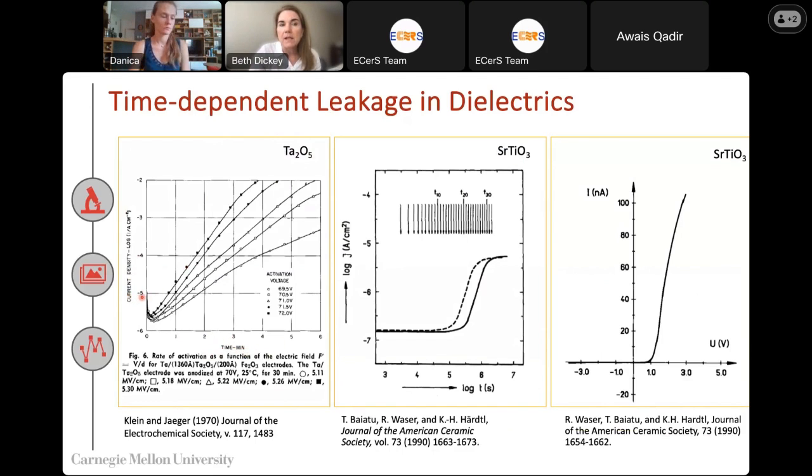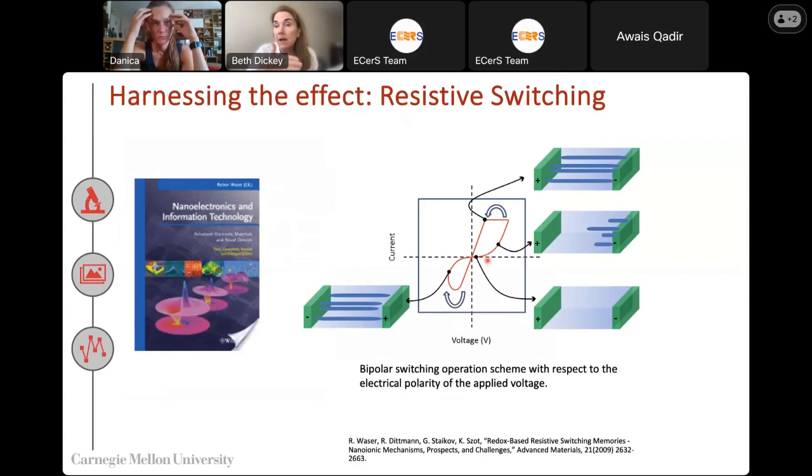And you might design the material initially to be at a certain conductivity, and usually what happens if the defects are mobile is that the macroscopically measured conductivity will change and often increase as a function of time. And that's shown in tantalum oxide here from work by Klein and Jaeger in the 70s, and also the seminal work by Waser's group in the early 90s on things like strontium titanate and barium titanate shows this similar phenomenon. As a function of time, the macroscopic conductivity changes. Okay. And that's really due to the mobility of ionic defects under a field.